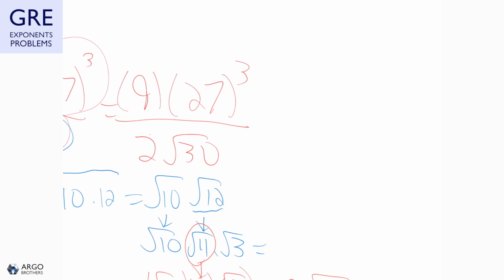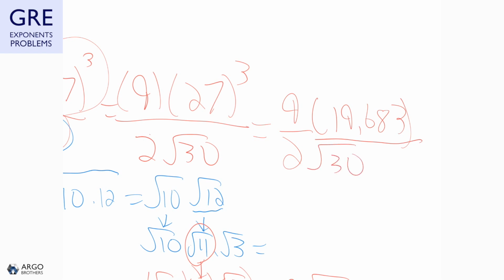All right, so unfortunately, this does not work out so beautifully, but we can still write what the answer is. We have 9 over 2, times 27 to the third power. What is that? So we have 27 times 27 times 27, and that's 19,683, divided by 2 times radical 30, and sometimes it won't be beautiful.